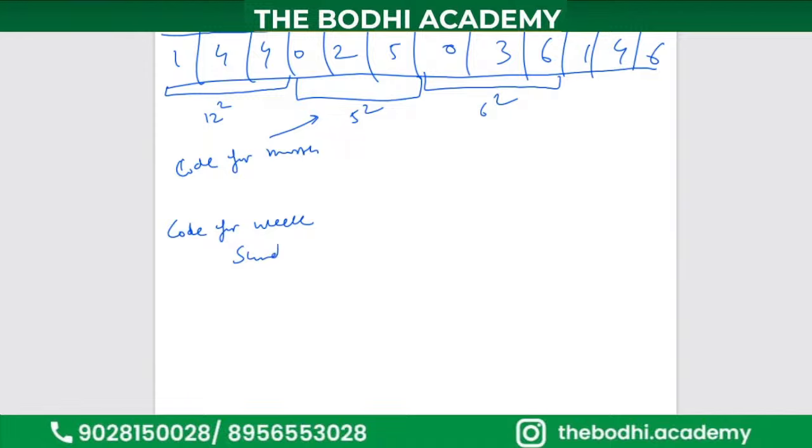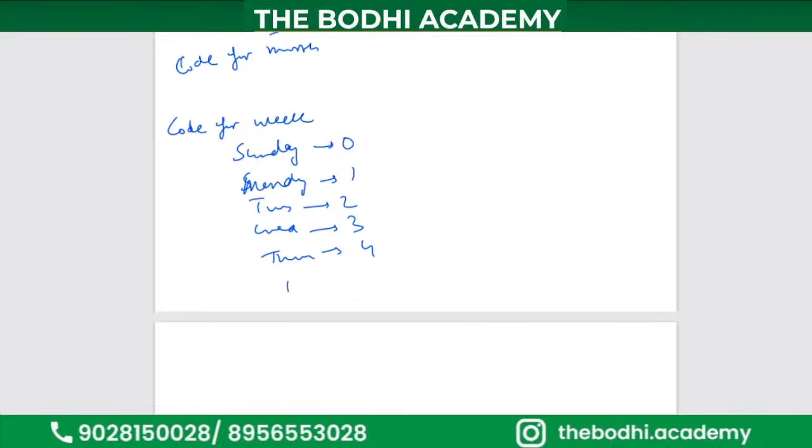So start with Sunday 0, Monday 1, Tuesday 2, Wednesday 3, Thursday 4, Friday 5, and Saturday is 6. Note down these two things.